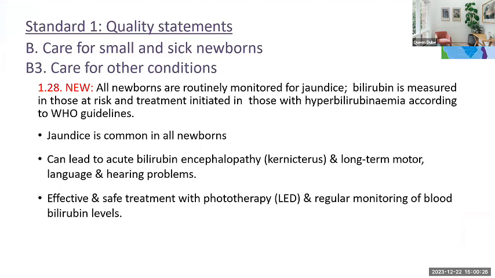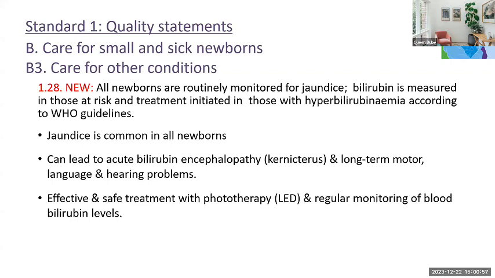Now, giving you another example, still under standard number 1. So when you look at quality statement B, where we're talking about care for small and sick newborns, for this one, say, for example, you pick up 1.28. So it's talking about all newborns are routinely monitored for jaundice. Bilirubin is measured in those at risk and treatment initiated in those with hyperbilirubinemia according to WHO guidelines.